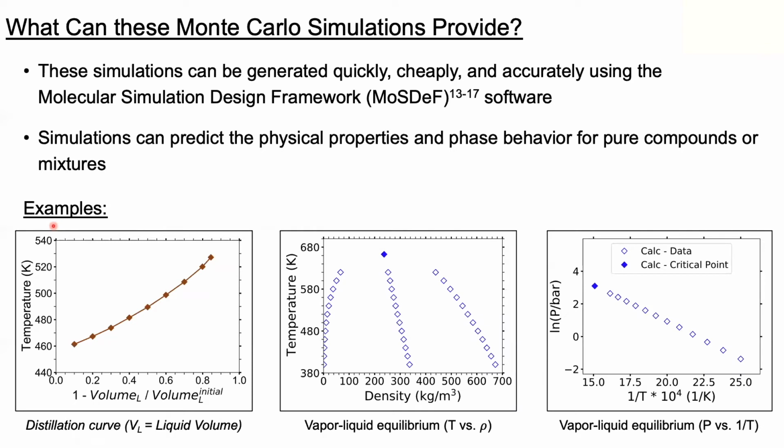Why do we run Monte Carlo simulations, and what can they provide? Importantly, today, we can use the MoSDeF software to quickly, cheaply, and accurately generate a lot of simulation setups and configurations, and even with different moieties attached and building on the molecules as we go.